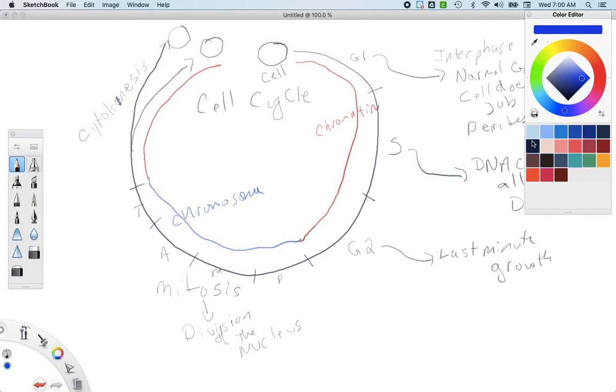Not quite that simple though, because the definition of a chromosome is going to change between a chromosome in prophase and metaphase and what a chromosome is made up of in anaphase and telophase. In prophase and metaphase, a chromosome is two sister chromatids joined by centromeres.